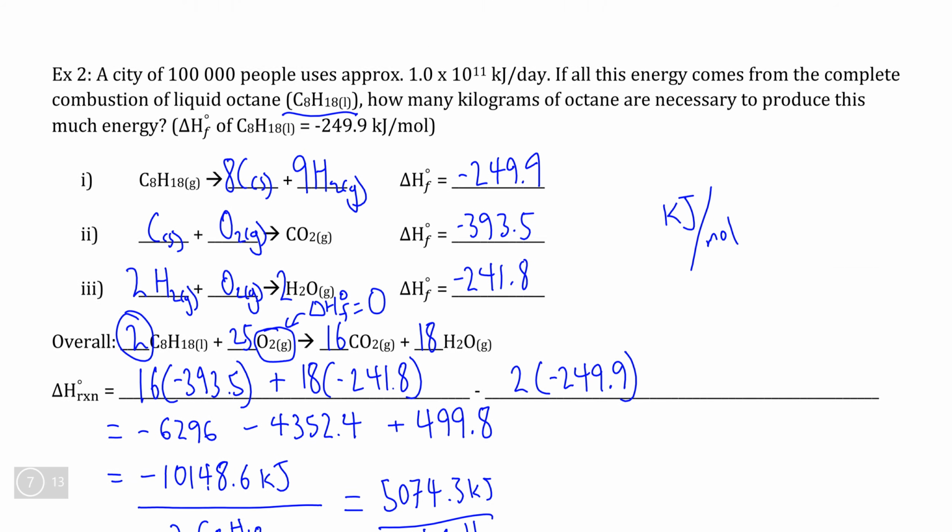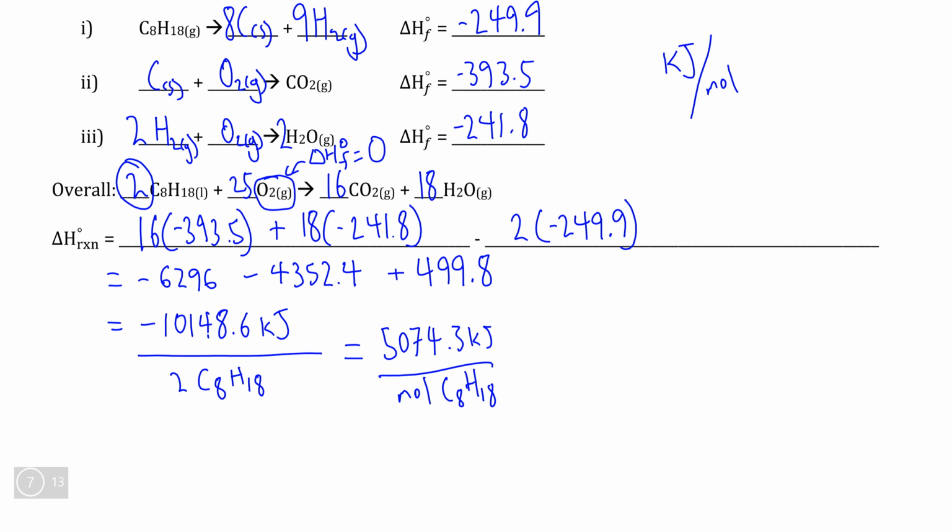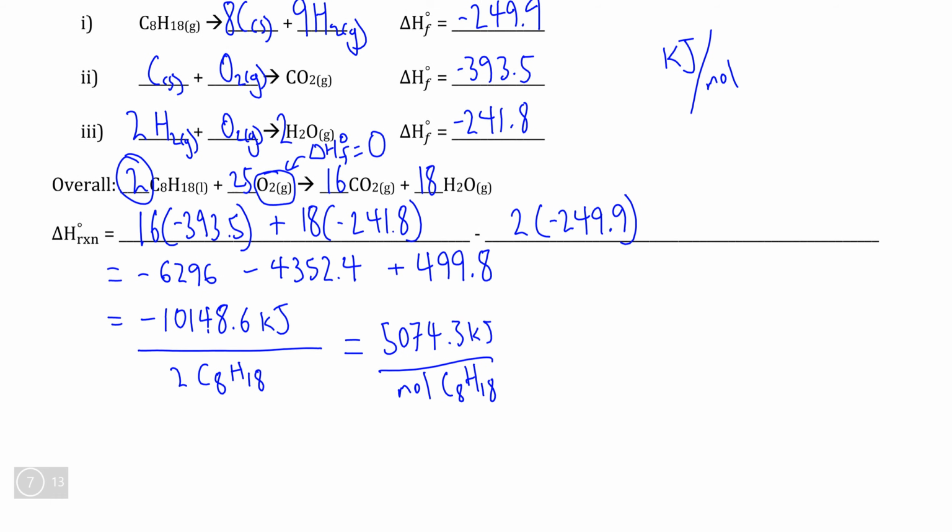However, in this case, it's an application question, so we're actually wondering how many kilograms of this stuff we actually need in order to generate a specific amount of power. And that specific amount of power that you can see in the opening is 1.0 times 10 to the 11 kilojoules of power, which comes to 100 billion kilojoules of power. That's a lot of energy.